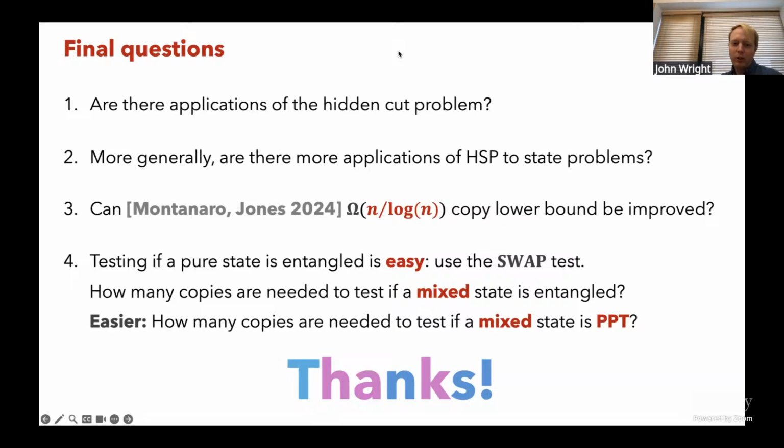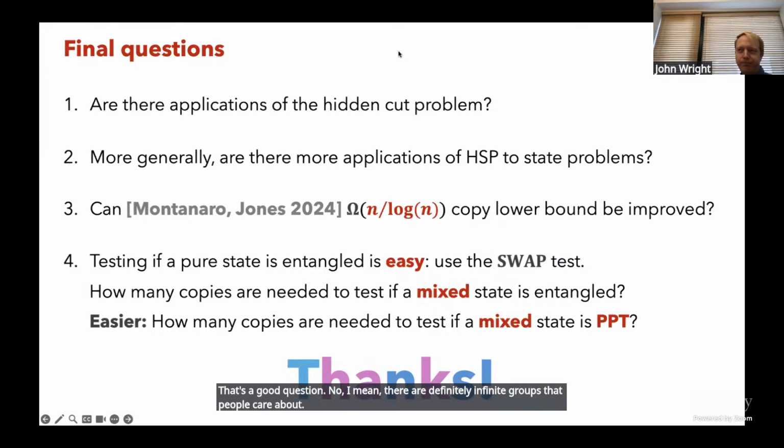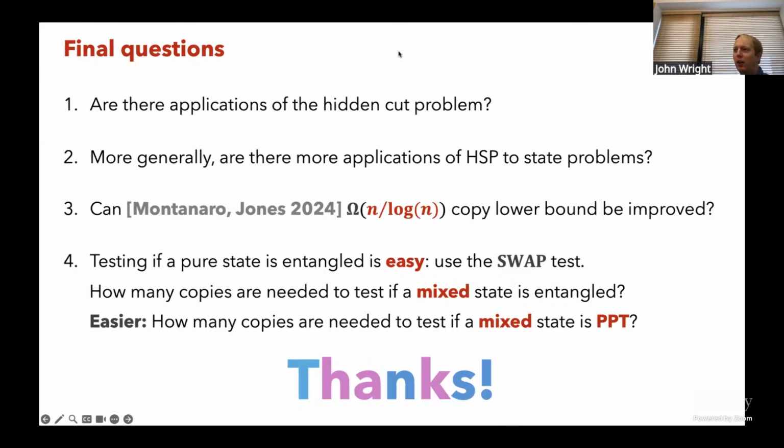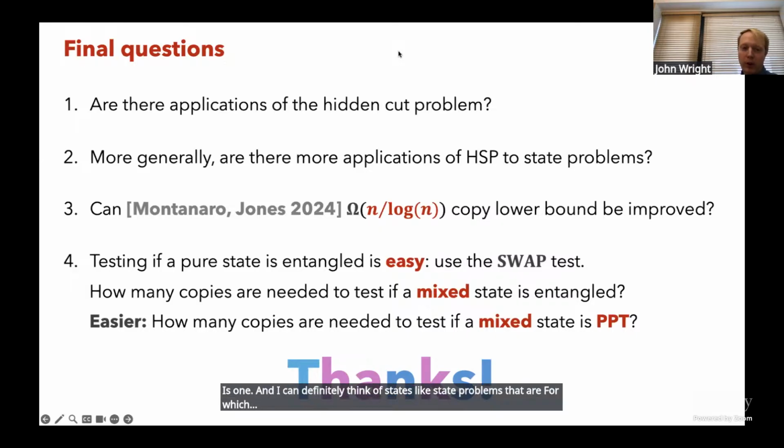That's a good question. I don't know. There are definitely infinite groups that people care about, that people study a lot in terms of quantum. So the unitary group is one. And I can definitely think of state problems for which there's a subgroup of the unitaries that leave your state invariant.